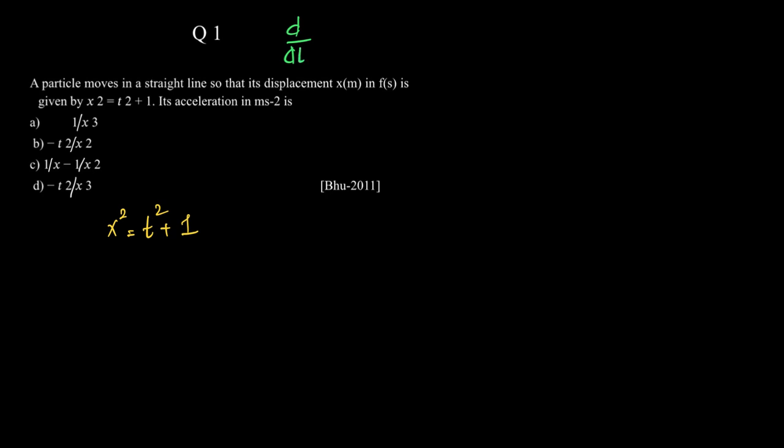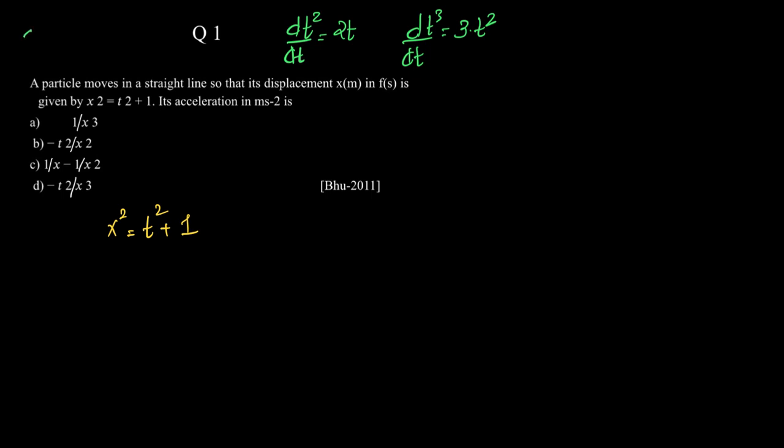Don't go beyond this. See, d by dt of t square is 2t. I'll add one more example. d by dt of t cube is 3 into t square.